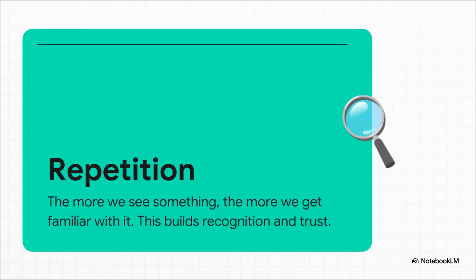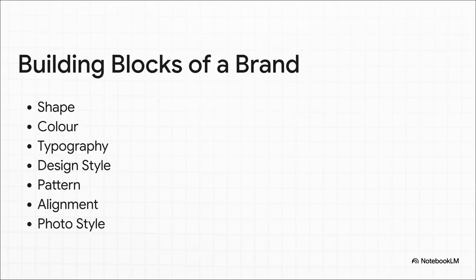The psychology behind this is really simple. The more we see something, the more familiar it becomes. And that familiarity creates comfort, and that comfort builds trust. By repeating key visual elements over and over, designers are tapping right into this basic human instinct. It is the absolute foundation of building a brand that people remember. So what exactly are we repeating?